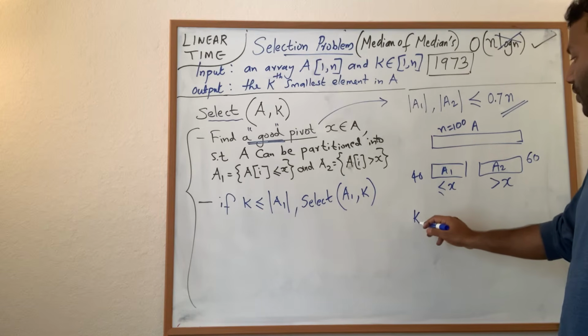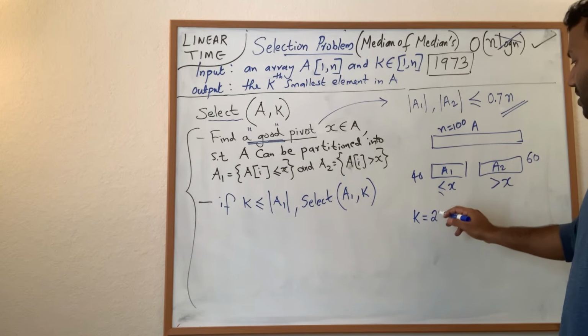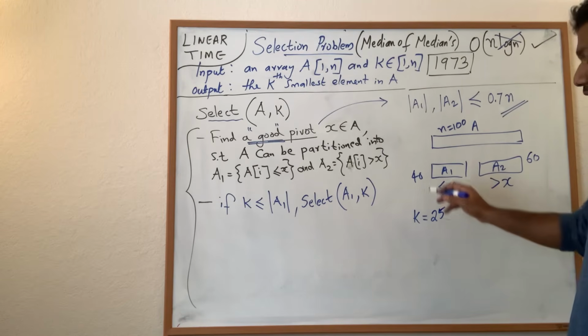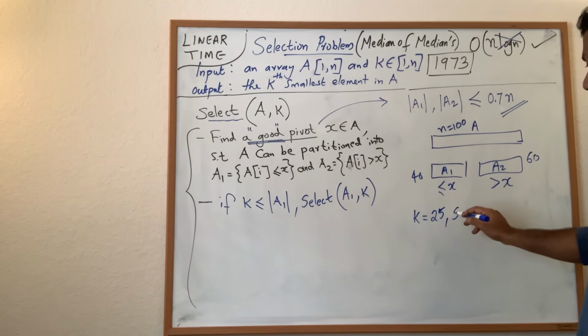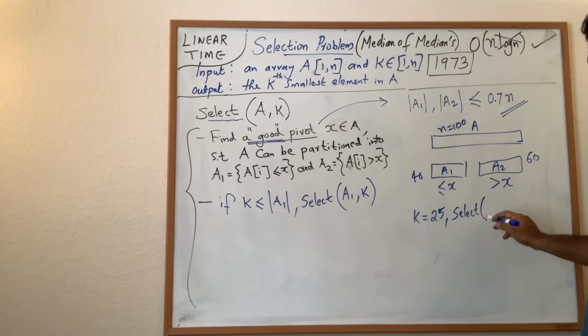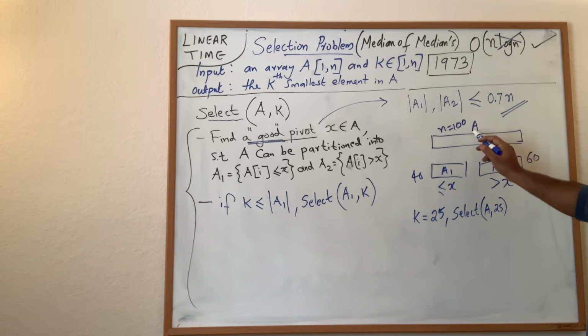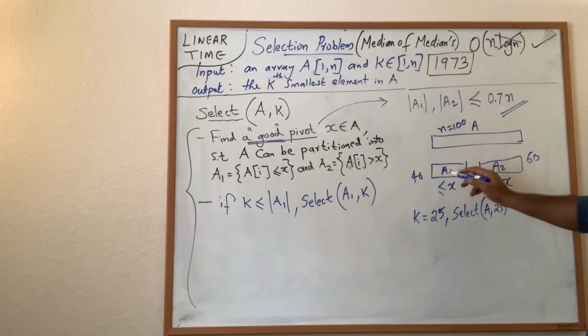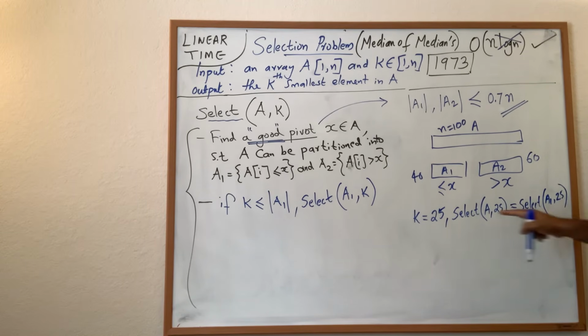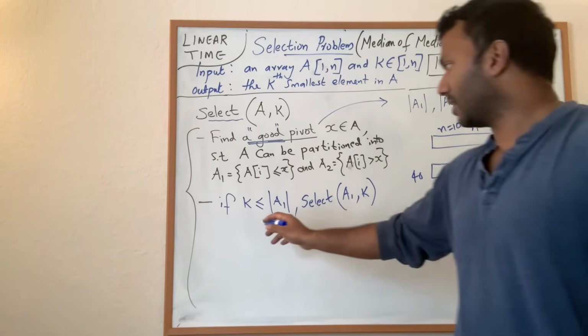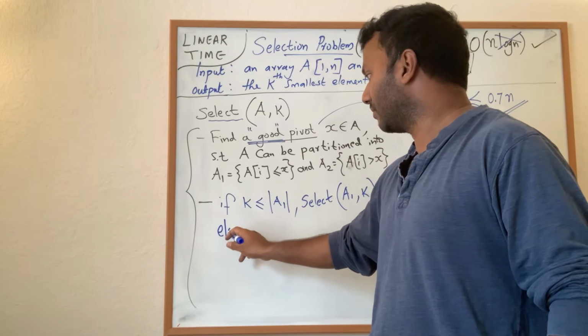And now if I am looking for, let's say, k is 25, a number less than or equal to 40, then Select(A, 25), that specific number is going to be in this array and it's going to be exactly Select(A1, 25). This is what I wrote here.